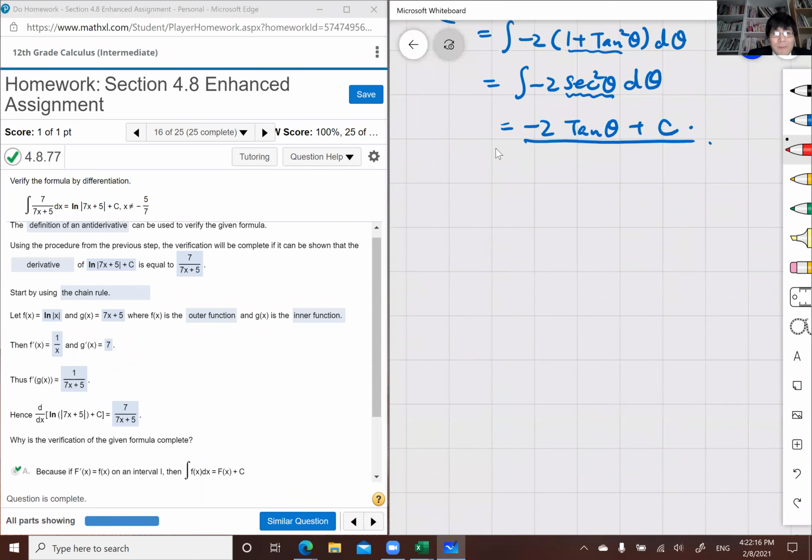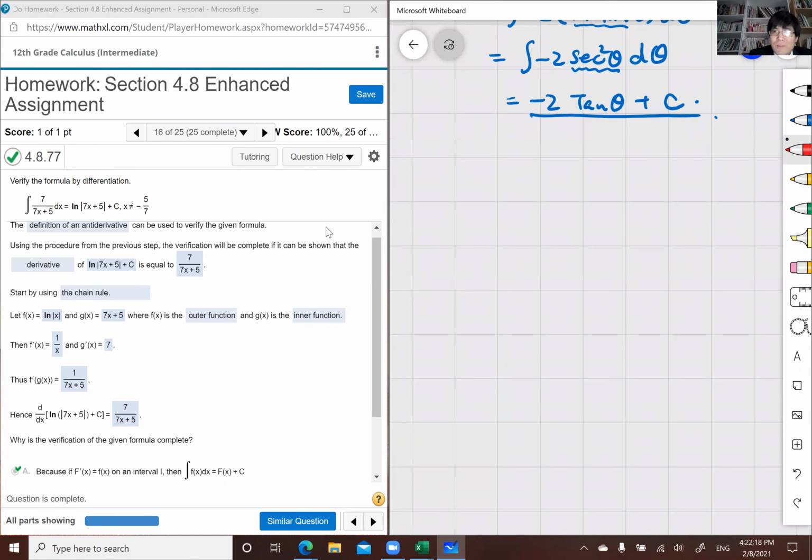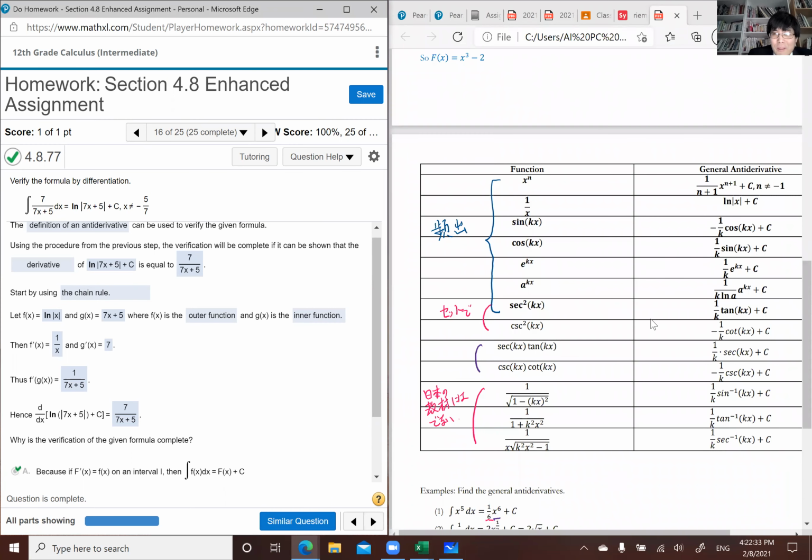Okay, now we have something new. Number 16. 7 over 7x plus 5 dx. Now the basic one that we will need to use now is natural log, which is the second one here. So the integral, the antiderivative, of 1 over x is going to be natural log of absolute value of x.